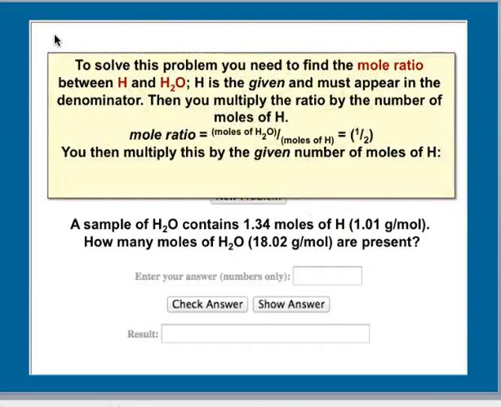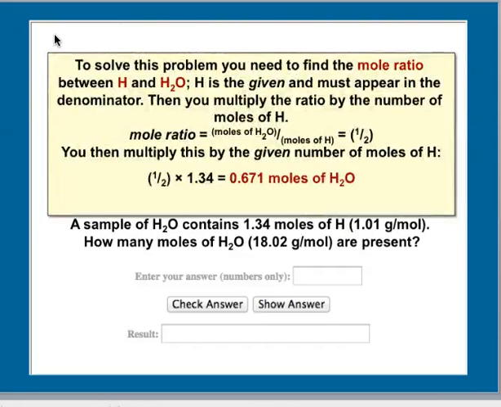For every mole of water, there are 2 moles of hydrogen. So that's 1/2. Do we always put the given in the denominator? Always. How many moles of hydrogen? 1.34, that's our given. Multiply it by 1/2. We have 0.671 moles of water.